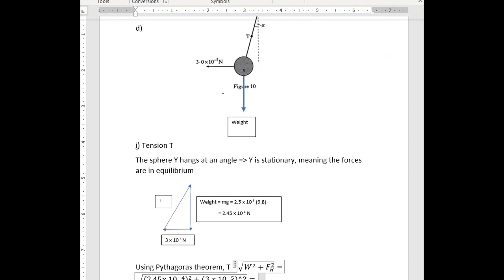And this is equal to 2.5 times 10 to the power of minus 4 Newton.